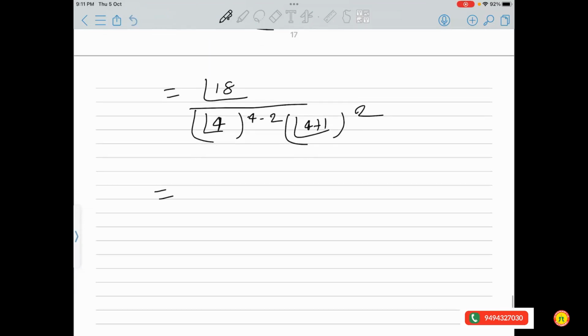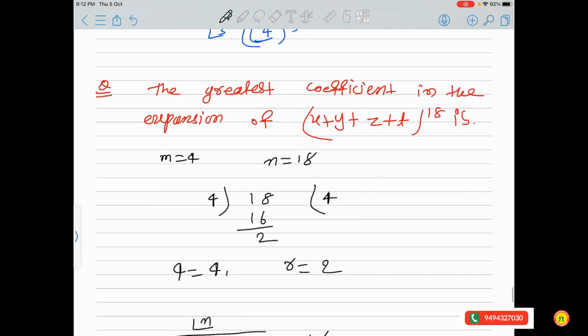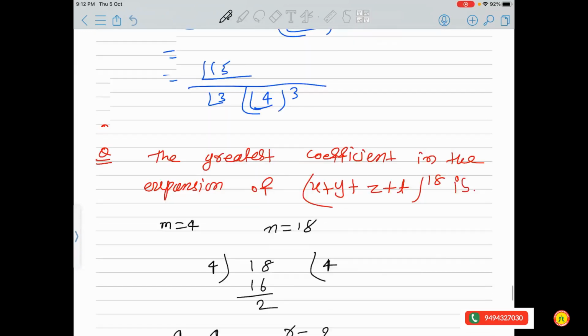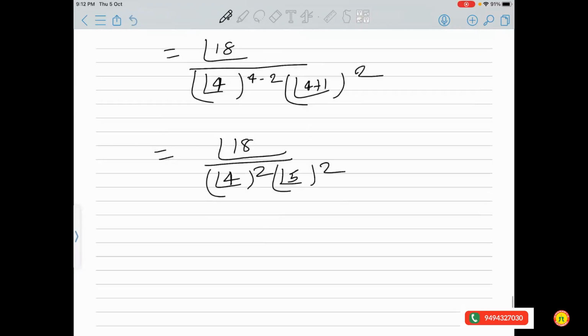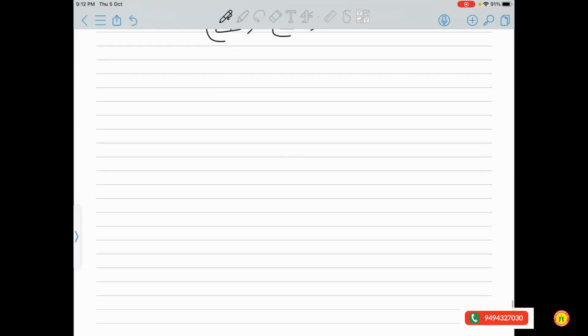The answer is 18 factorial upon (4 factorial) power 2 and (5 factorial) power 2. Got it? Yes, sir. Good. So now the greatest coefficient is also completed.